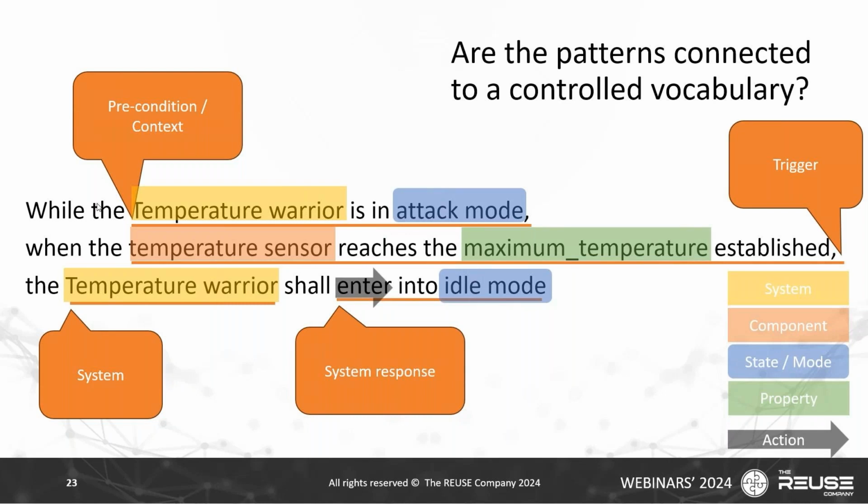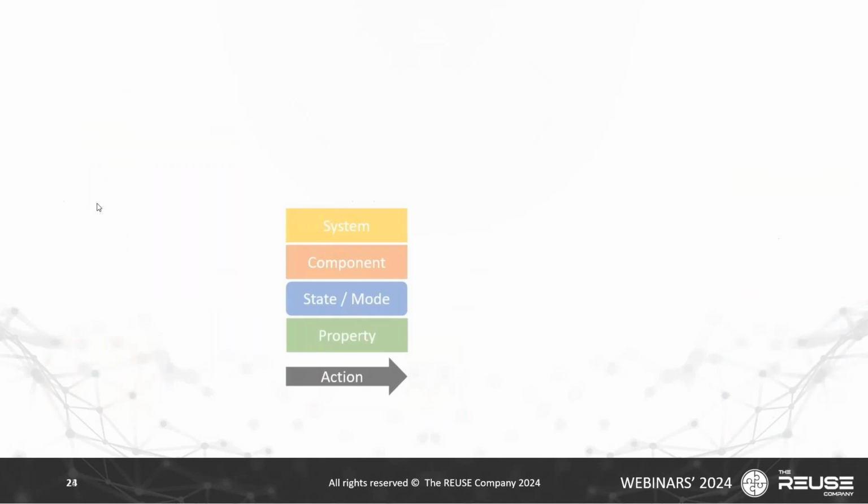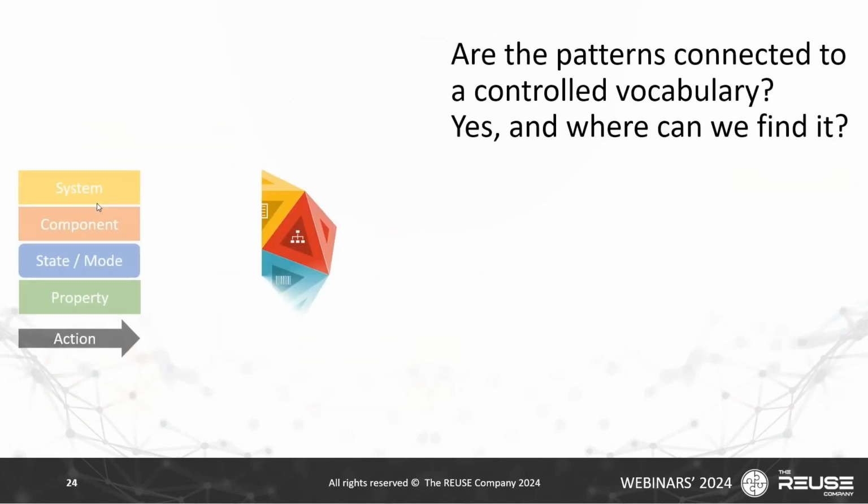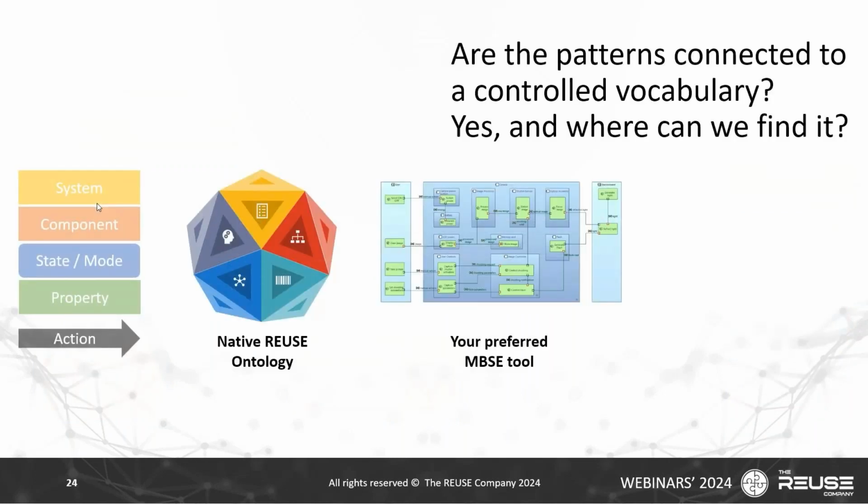However, in our approach with the requirements assistant, the authoring tool, we like to connect these to domain-specific dictionaries. Those dictionaries could be either our native reuse ontologies. Whenever you see this strange shape, it represents our native ontologies in the reuse company.